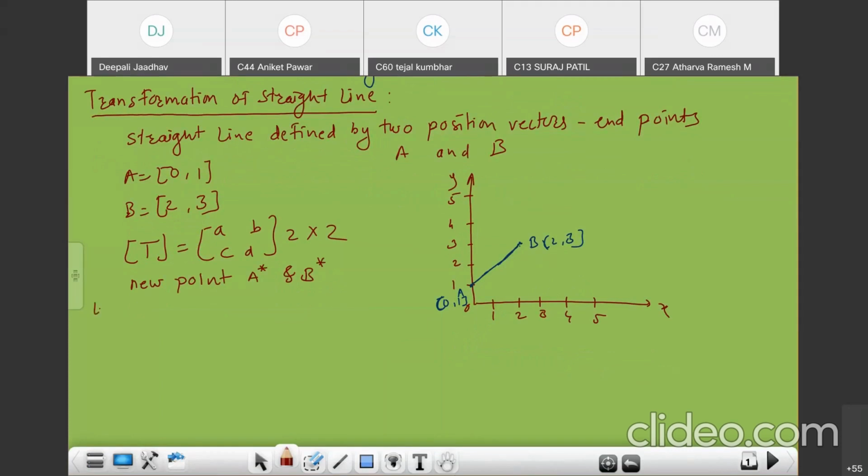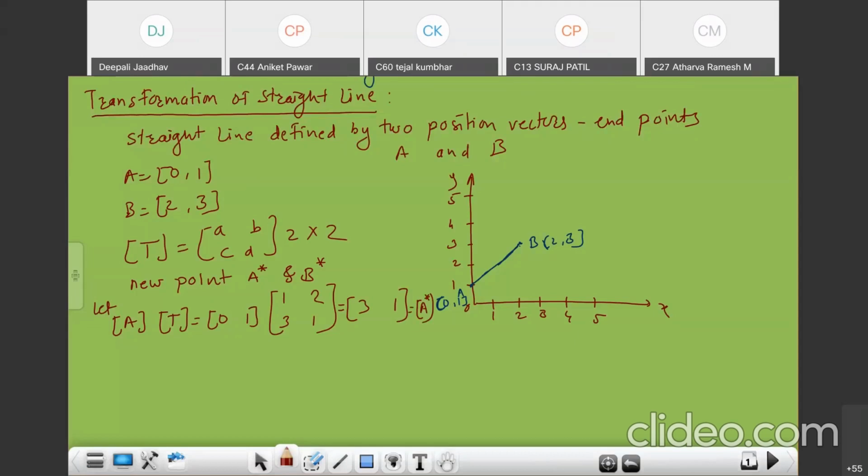Consider an example. First we take A and the transformation matrix T. What is our A? 0, 1. We consider a simple transformation matrix 1, 2, 3, 1. Tell me the result. What are the new points? It is 3, 1, which is equal to the new point A star.